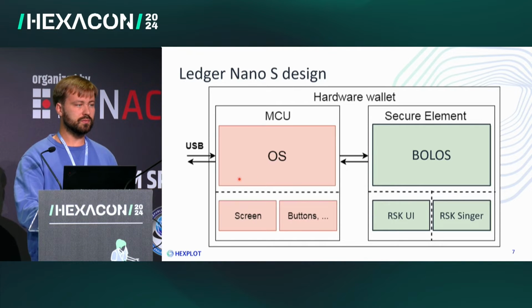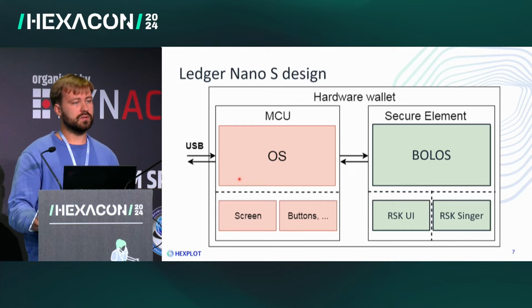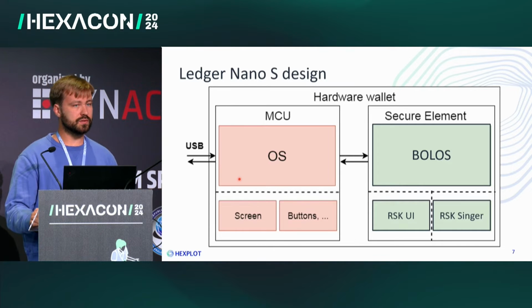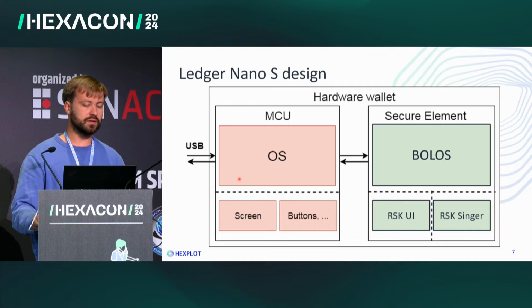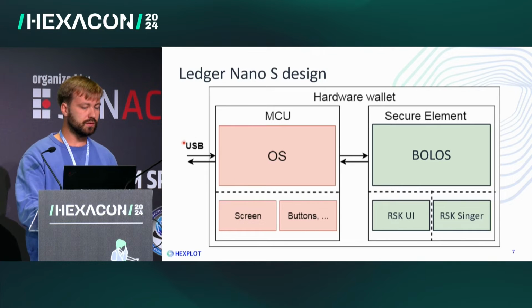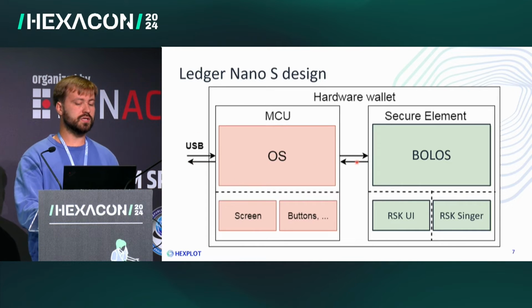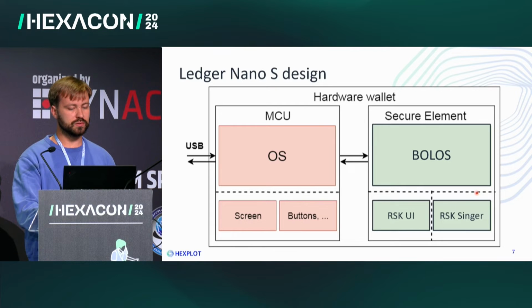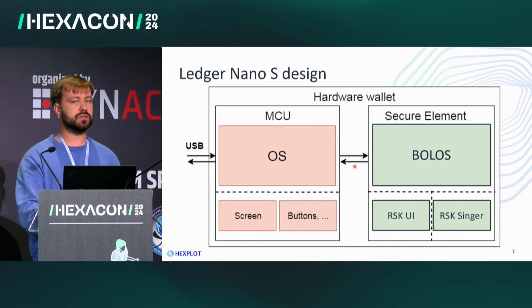So you have the MCU. It has some code on it, a little bit of firmware. It interacts with the screen, so it shows you the data on the screen. It receives the data from the PC, the USB data, and it talks SPI to the secure element. And it receives the button clicks and also forwards everything to the secure element. So the MCU is pretty much just a proxy. It's not supposed to do anything.